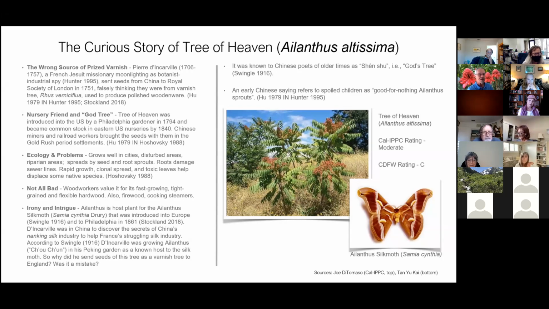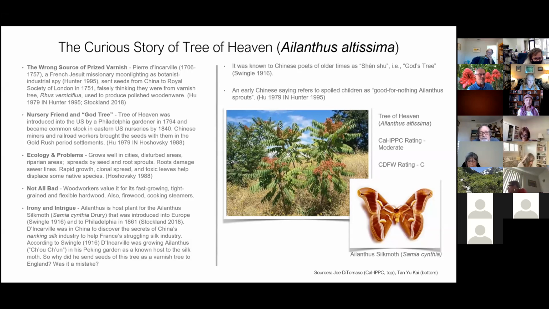It's the varnish tree, but it was the wrong seeds. It wasn't the Rhus verniciflua that he was given seeds for, it was this tree. And he gave it to the English, the British government.